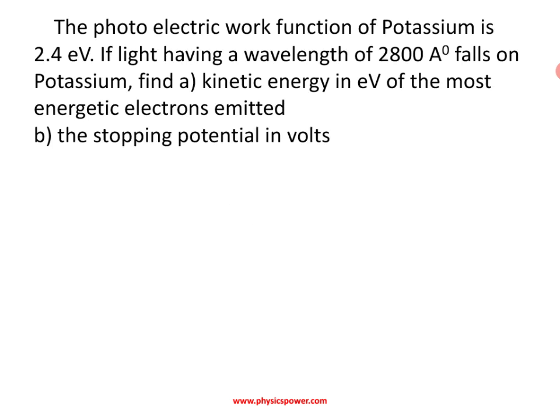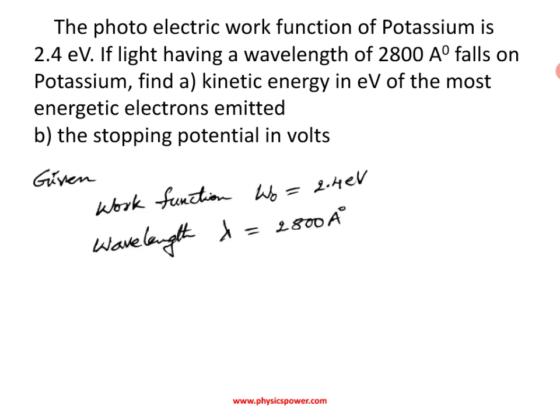Similarly, one more problem. So try to solve this one individually by using the old problem. So given data. If you want to solve, keep pause. Given data, work function 2.4 electron volt, and wavelength lambda equals to 2800 angstrom. So now we have direct formula, I explained already in the old problem.